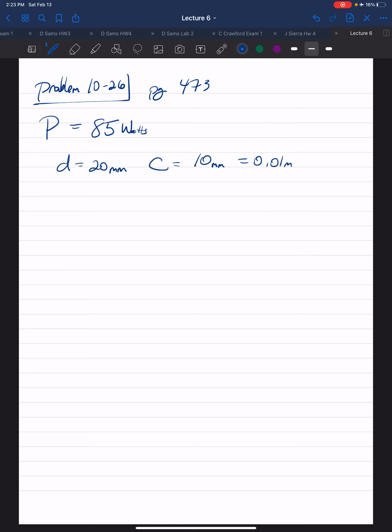We said a watt is a Newton meter per second, so 85 watts is equal to 85 Newton meters per second. So now we need to determine our angular velocity.